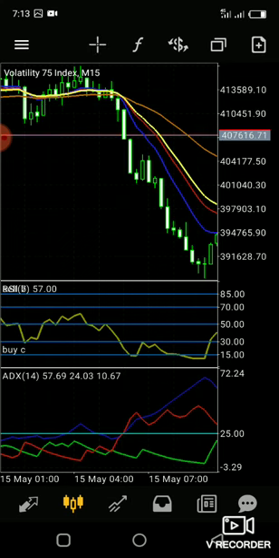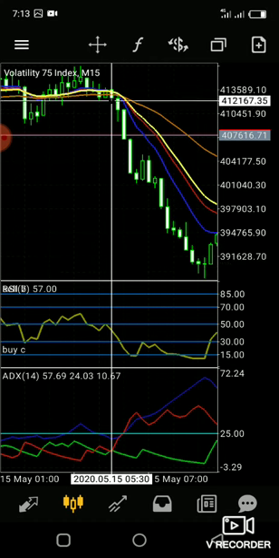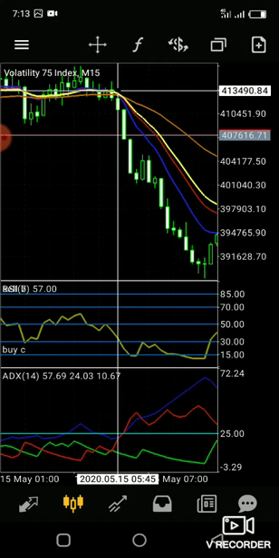Why? Looking at it, the condition for the ADX is that the blue line has to cross over the 25 line. The blue has to cross over the 25, and since it's a sell signal, the red must be above the green.